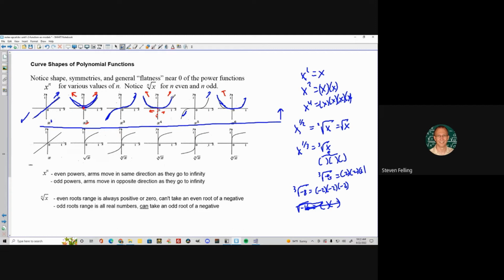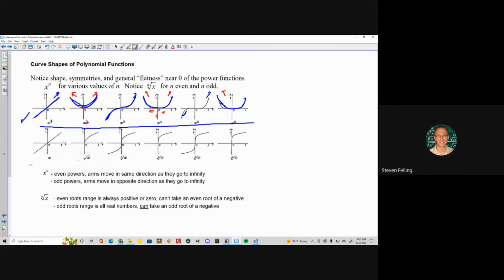Okay, well, square root is the inverse of x squared. So whenever we have an inverse function, the way you can graph it, getting pretty cluttered on this thing here, let's just take the case of x squared and square root of x. Here's x, here's y.